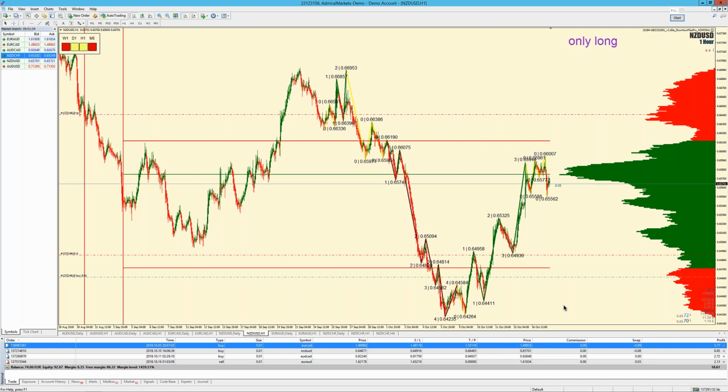You can use this expert advisor, you can use this indicator, but it doesn't work if you don't hold on to your rules. Please don't forget that.